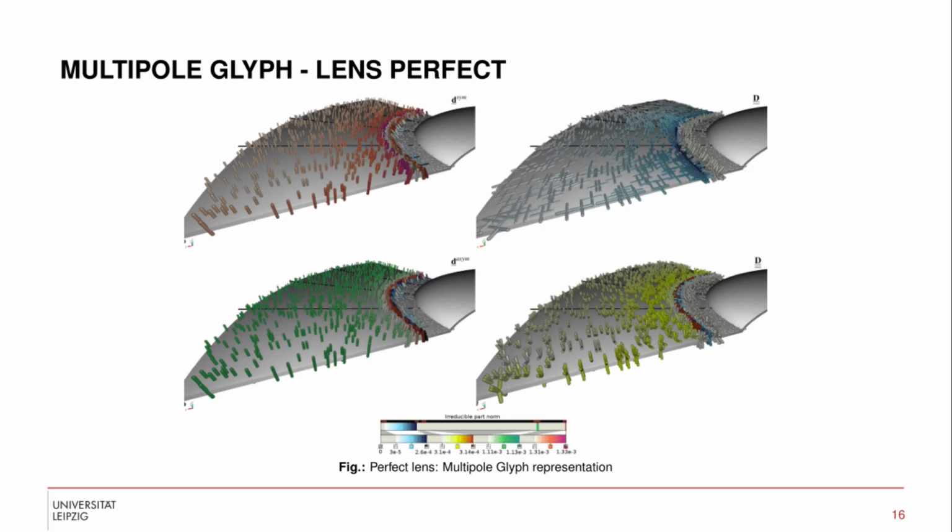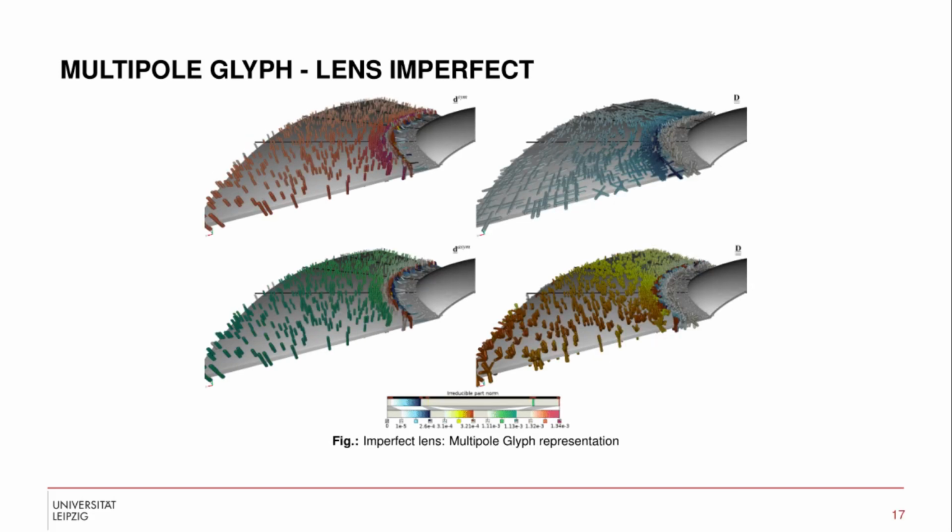And then we can see that the orientation of the multipoles of the deviators of first order have the same orientation. So in total, for this example, we can say that the third order tensor can be nearly described by one vector and two scalars.